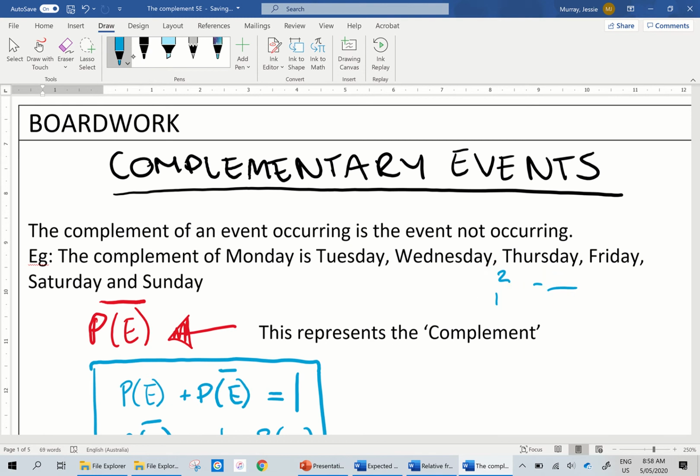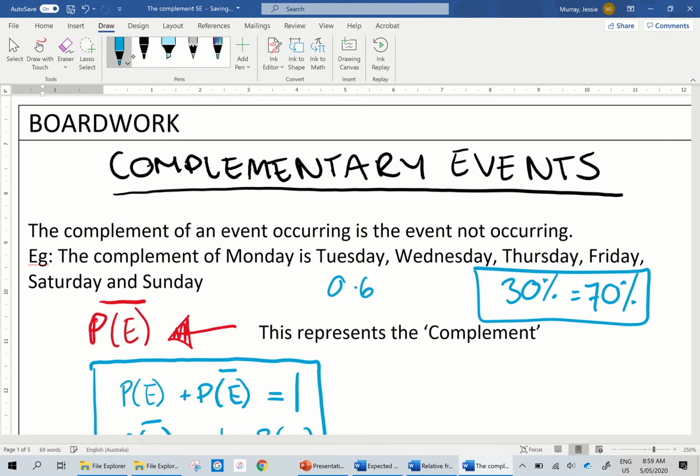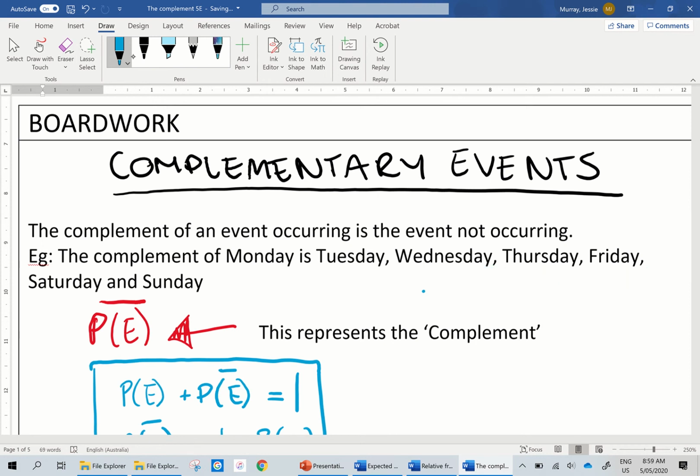The complement of 30% is going to be 70%, because they add up to give 1 whole. The complement of 0.6 is 0.4 because they add up to give 1 whole. So the idea is complements in probability add to give a total of 1.